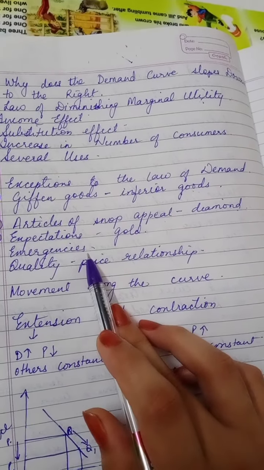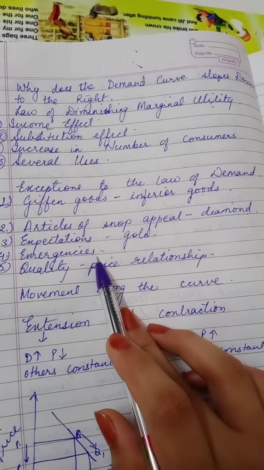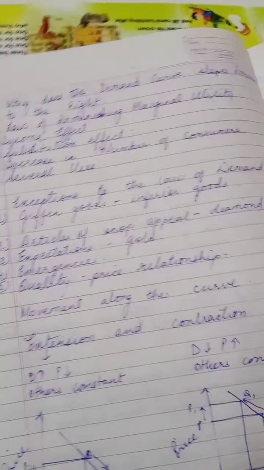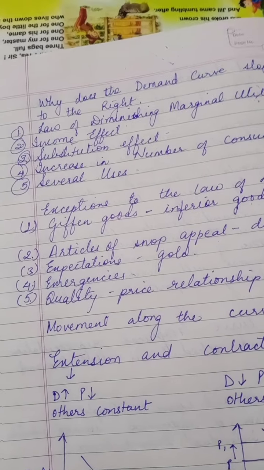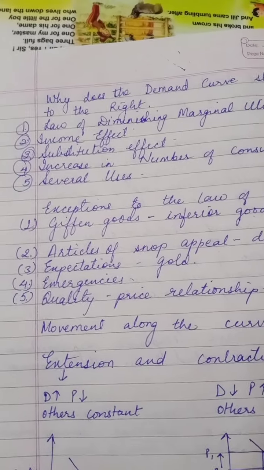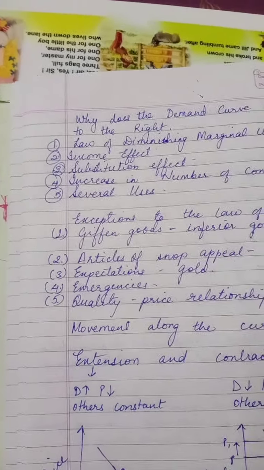Then emergencies. At the time of an emergency, even if the prices are increasing, people are ready to buy at the given price. For example, right now also, because of COVID-19, there are certain shopkeepers selling masks for 60, 70, 80 rupees, which costs them just 10 to 20 rupees. But people want to buy them because it is a necessity and an emergency situation.